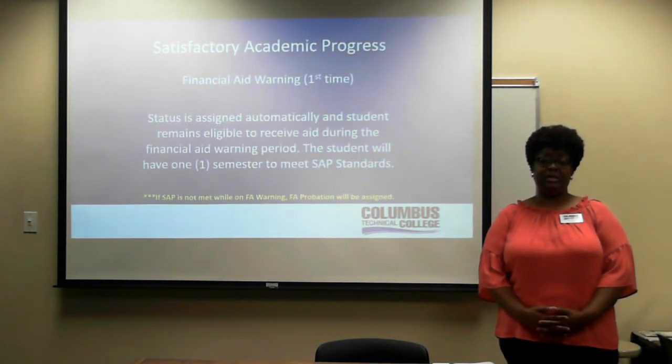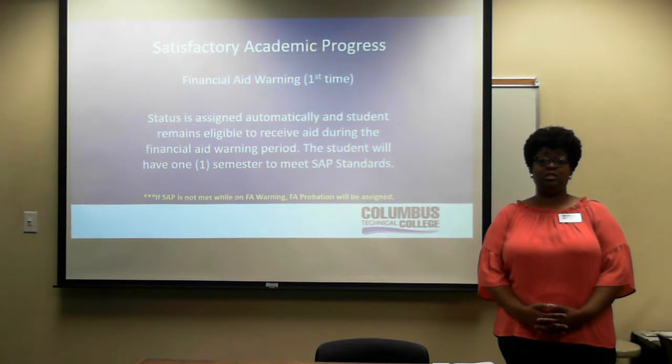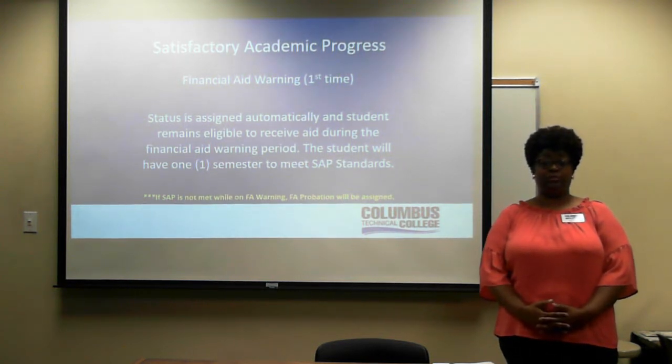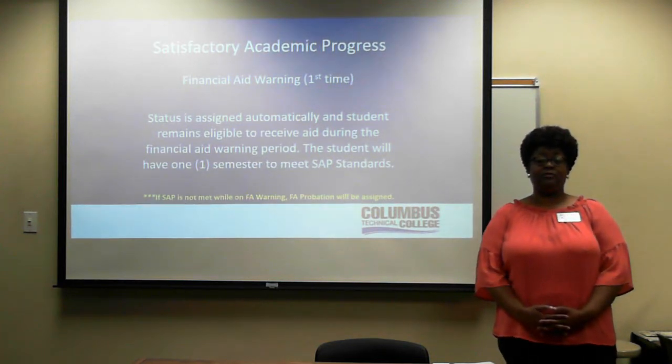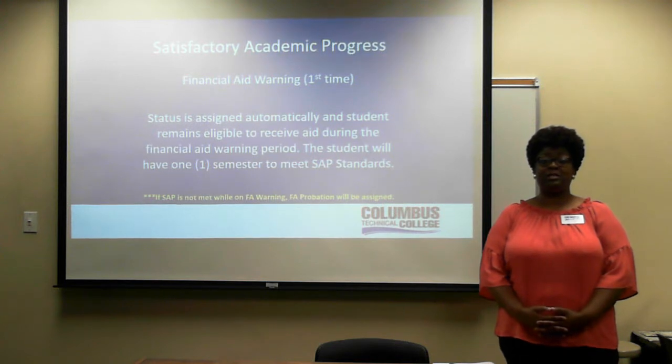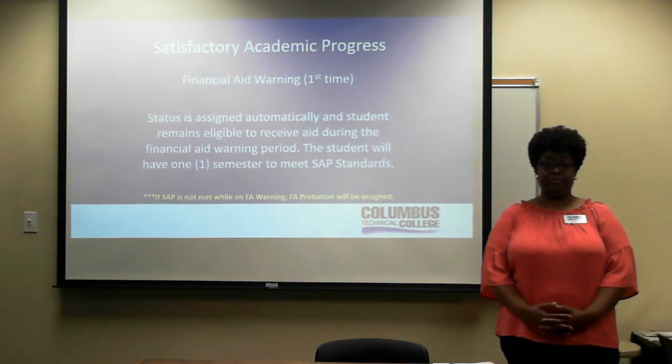If it's your GPA that is deficient, you must bring that GPA back up to a 2.0 cumulative GPA or higher. If it's your completion rate that is deficient, you must maintain a 66.67% completion rate. If satisfactory academic progress is not met while you are on financial aid warning, then you will be given a status of financial aid probation.